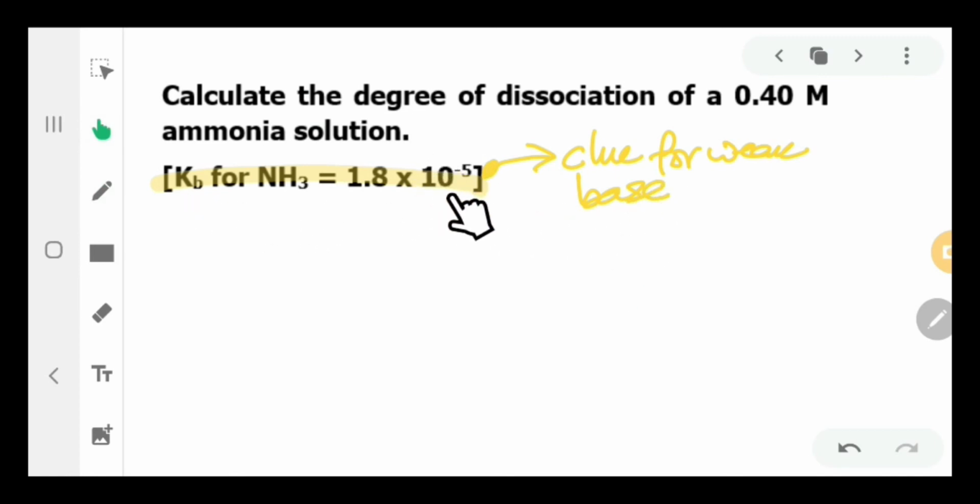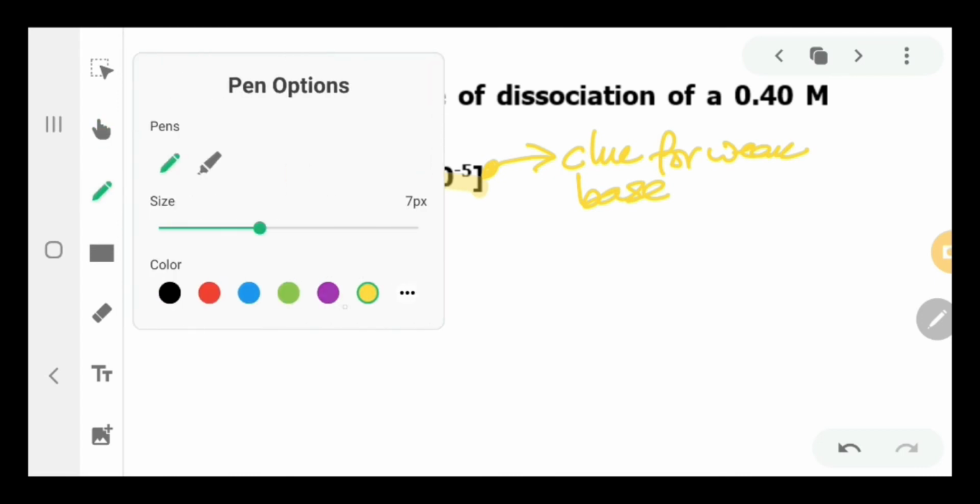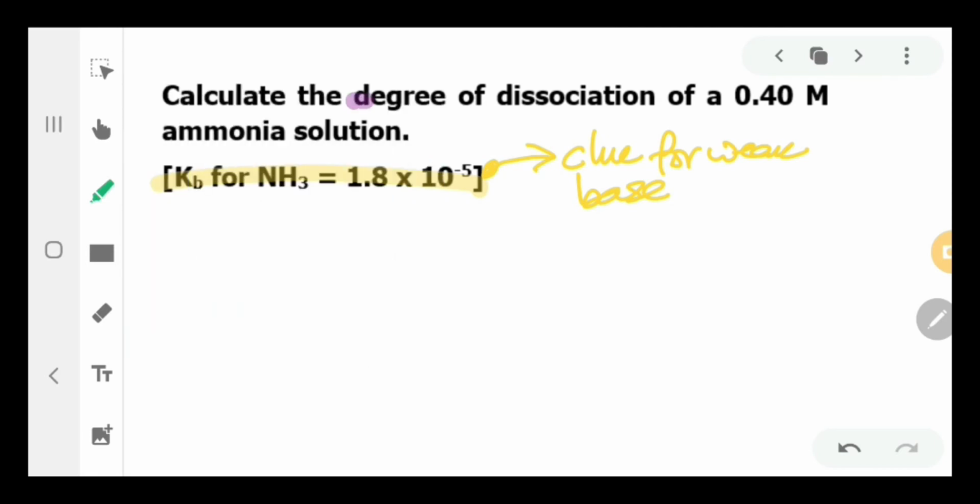When you look at the value, it is to the power of -5, so you can guess that in your steps afterwards, you're going to have some assumption that you need to do. The question wants you to find the degree of dissociation.